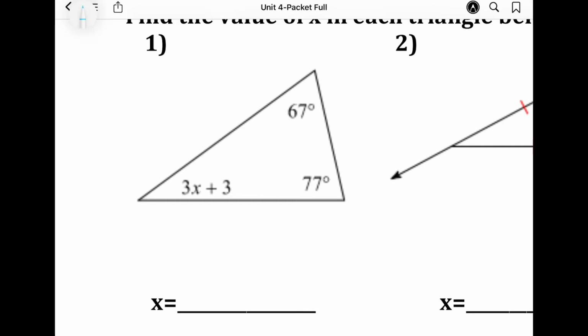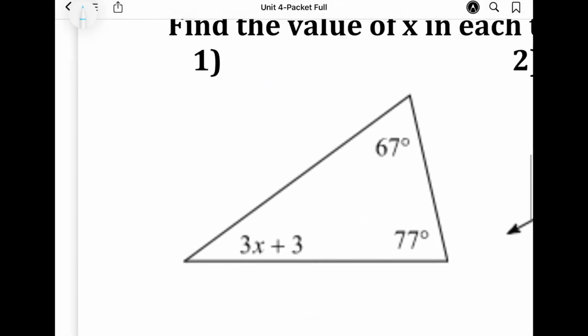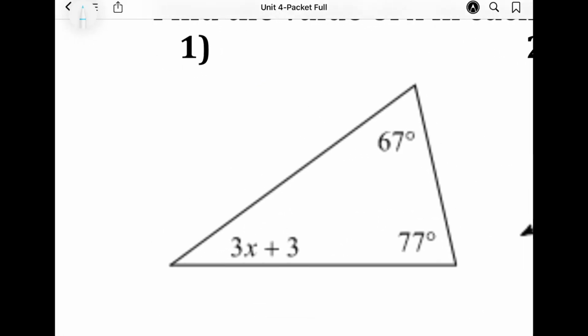All 3 angles are going to add up to give us 180. We're going to take our 67 degrees, add it to our 3x plus 3, and also add our 77 degrees for our third angle. We're going to set it equal to 180.